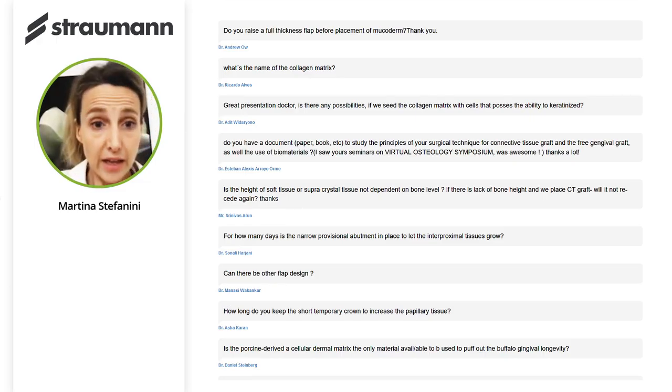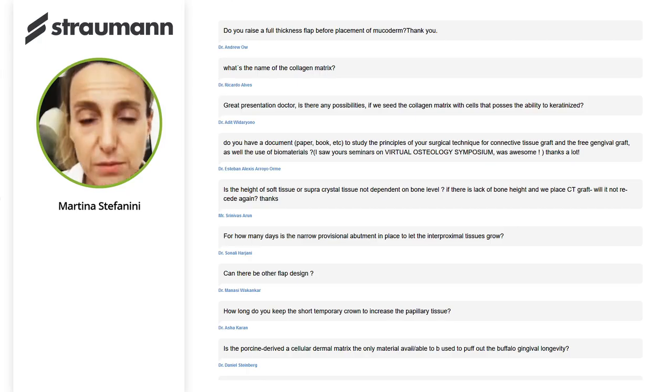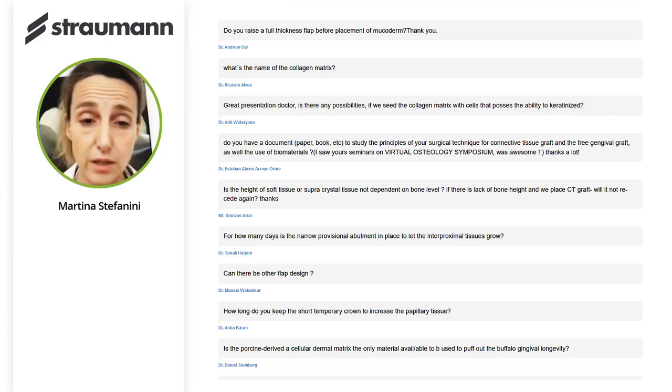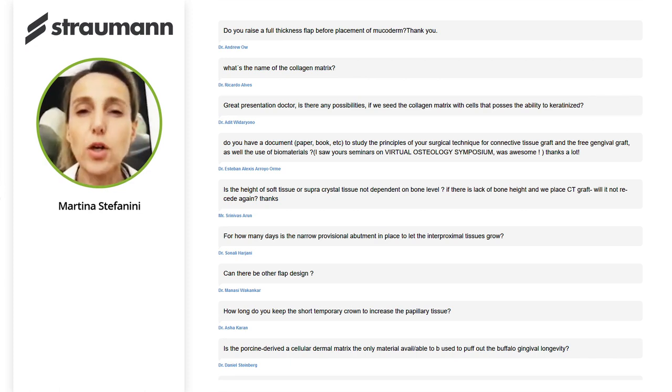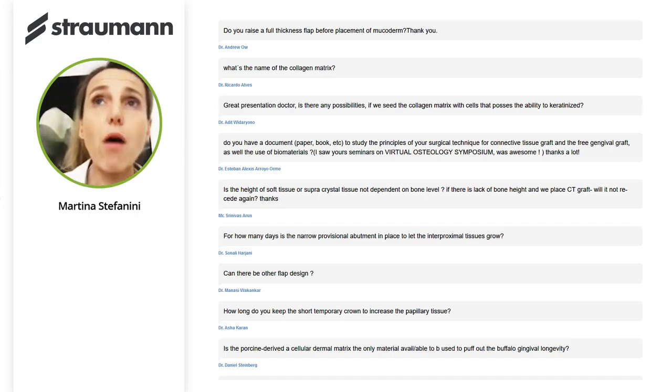And do you raise a full thickness flap before placement of mucoderm? What is the name of the collagen matrix? Exactly, I can answer both questions. The collagen matrix that I was using in the case that I shown, and that was one of the cases included in our case series, is the mucoderm from Botiss, from Straumann.